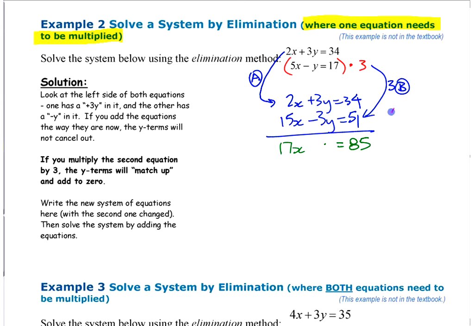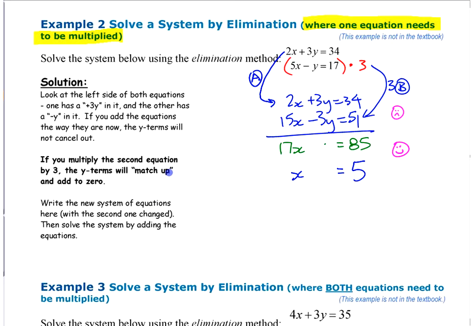Okay, so remember, two variables down to one variable. You've eliminated a variable, right? Once you eliminate a variable, then you can solve it, right? What's x have to be there? If you divide that, what do you get? I'm thinking you get 5.